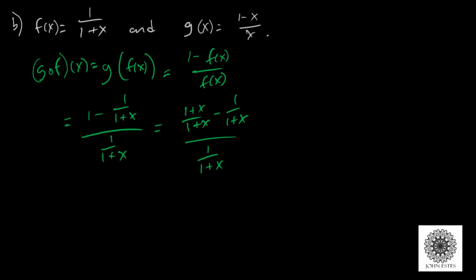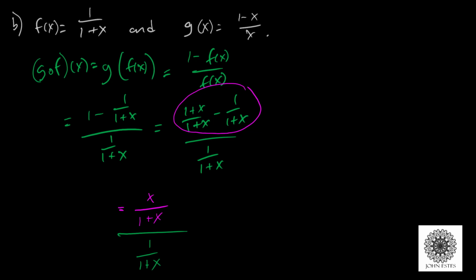But notice in my numerator here, now that I have a common denominator, I can bring them together. And when I do that, in the numerator of the numerator, I have a 1 plus x minus 1, which ends up being an x over (1 plus x). That's my numerator, all over 1 over (1 plus x).